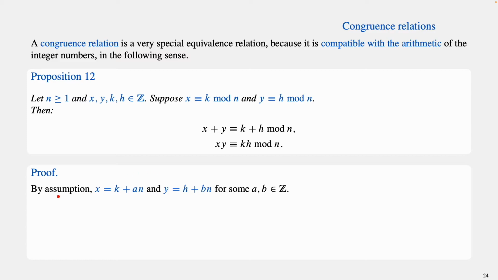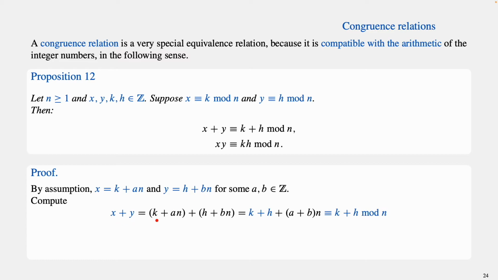And we want to prove this. So by assumption, x equals k plus an and y equals h plus bn for some a, b, because they're congruent, so their difference is a multiple of n, as we have just seen in the previous lemma. Now we compute x plus y, and we replace x by this and y by this.